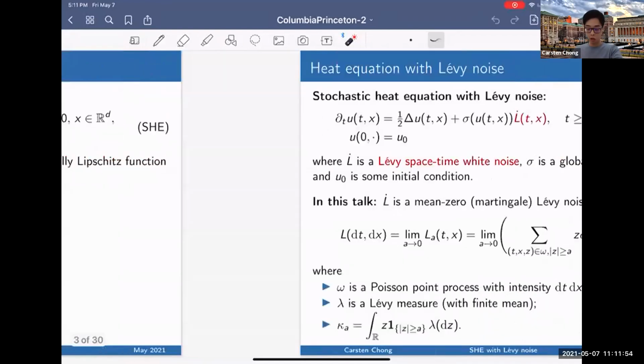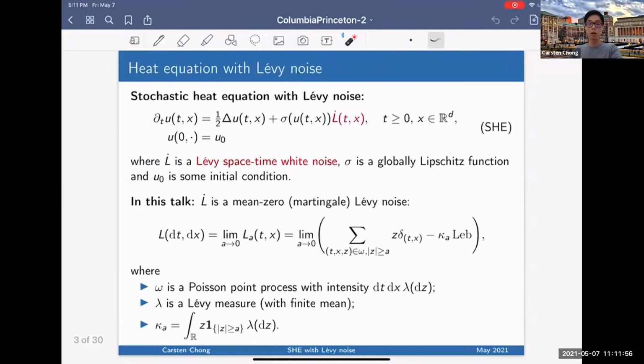For those of you who are not familiar with Lévy noise, let me give you a quick definition of what I mean by a Lévy noise. To simplify the exposition, I will assume that the noise has a finite mean, and that this mean is 0. So we have a martingale type Lévy noise.